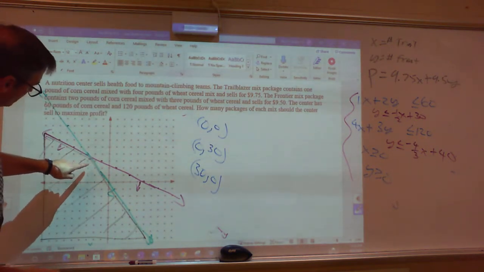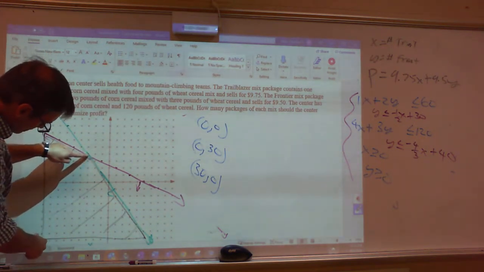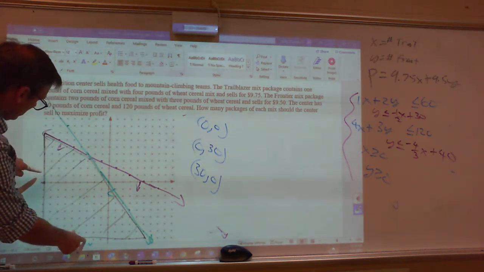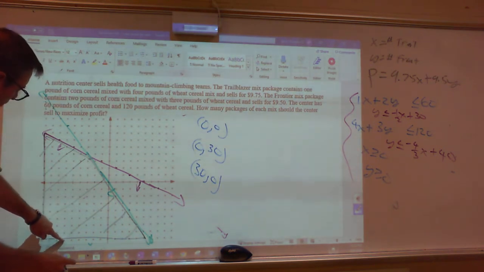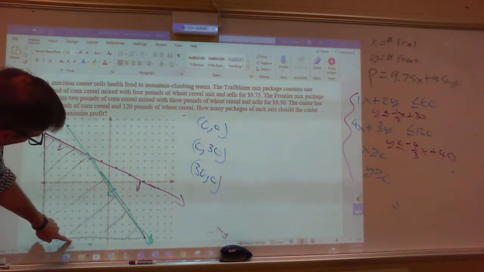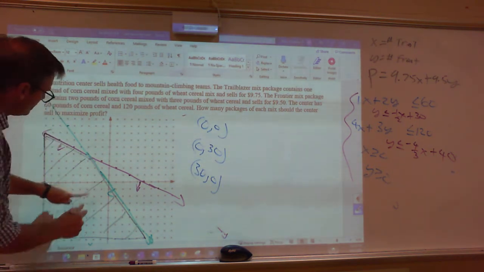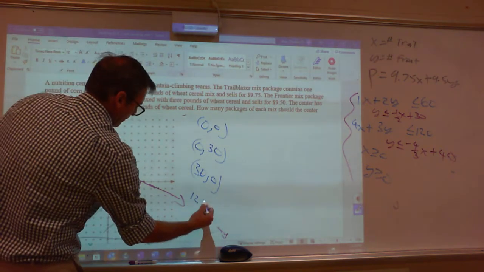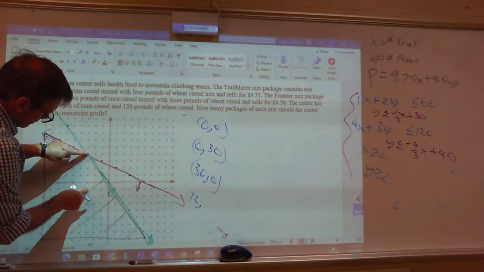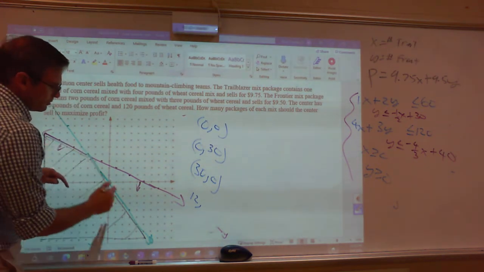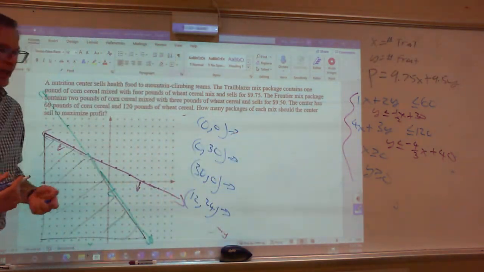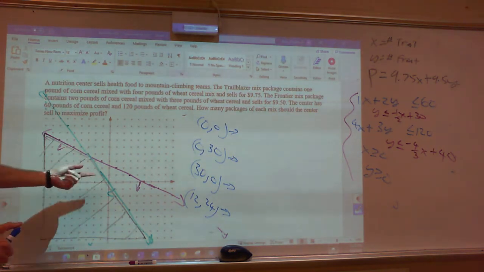And what's going to end up being the most important is this point, which is 12. So this is the point 12, and I'm counting when I have 24.